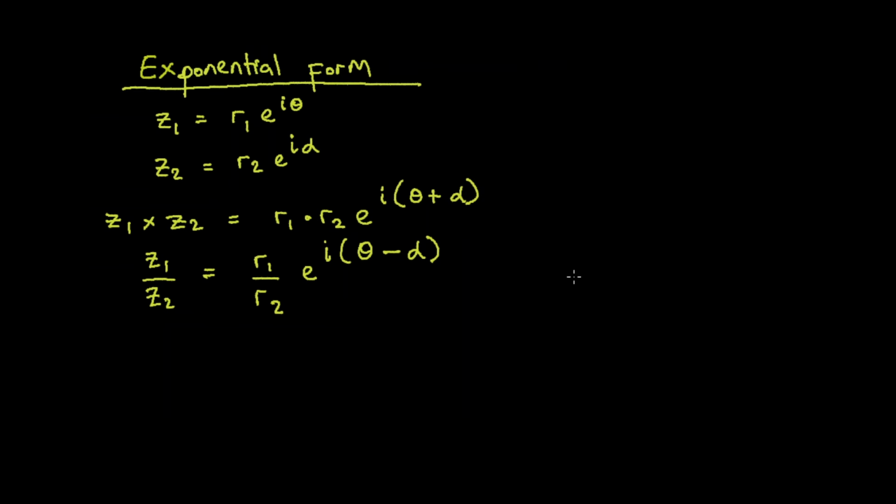So what we have to take note of here is this. When multiplying z1 and z2, we add the angles and multiply the moduli. When dividing z1 and z2, we subtract the angles and divide the moduli. The moduli are these parts.